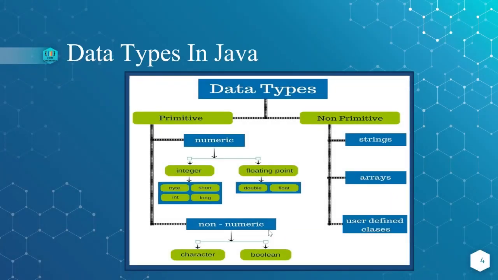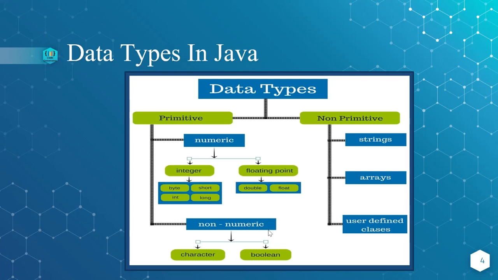The next is data types in Java. Okay, so there are two types of data types. First is primitive, another is non-primitive. Primitive is also divided in two, that is, first is numeric and another is non-numeric. Whereas numeric contains integer or floating point.